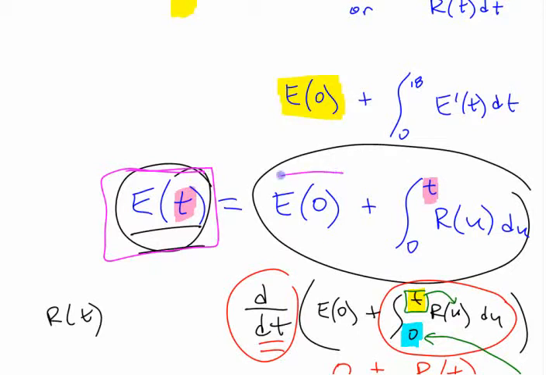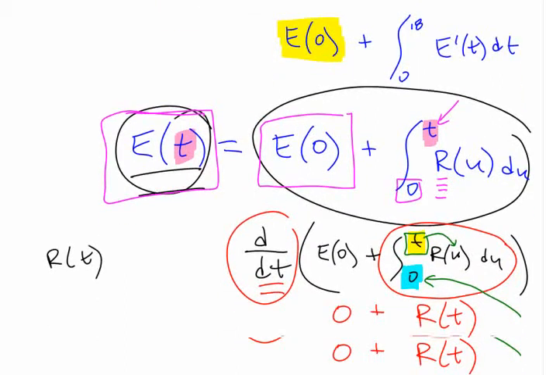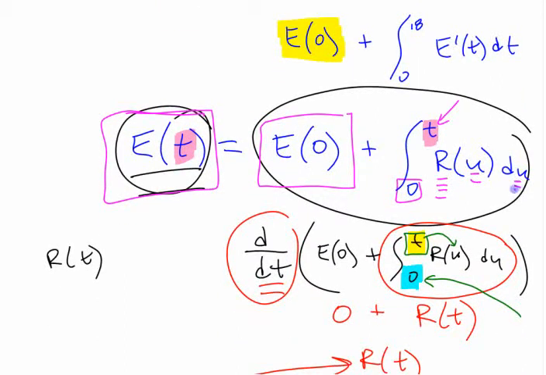So if we know how much you have eaten at time 0, plus the net change between 0 and that variable, you need to do the integral of the rate. If you do the integral of the rate, it gives you the net change, right? Integral of the rate is the net change here. And then this, of course, was just some other variable we used, a dummy variable. All right?